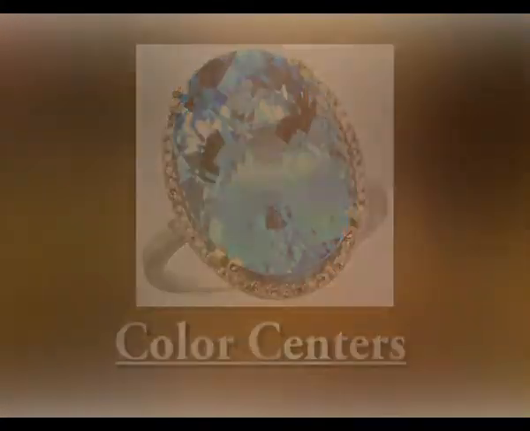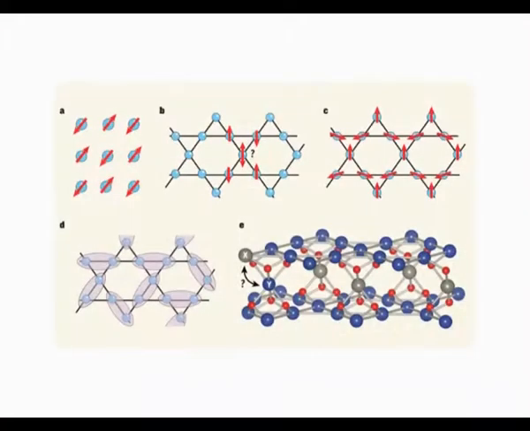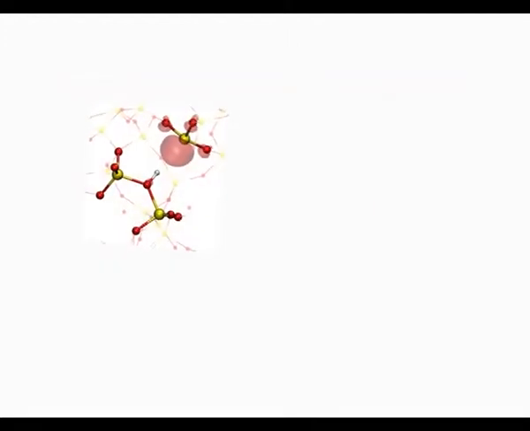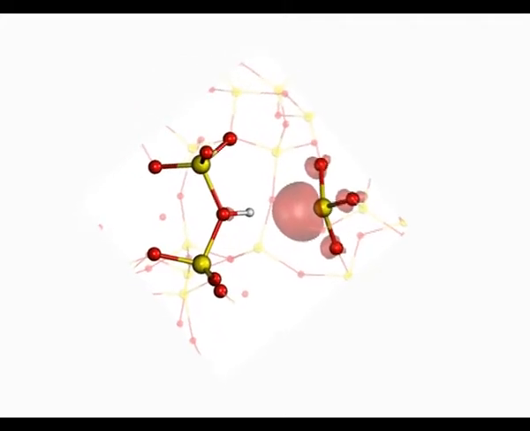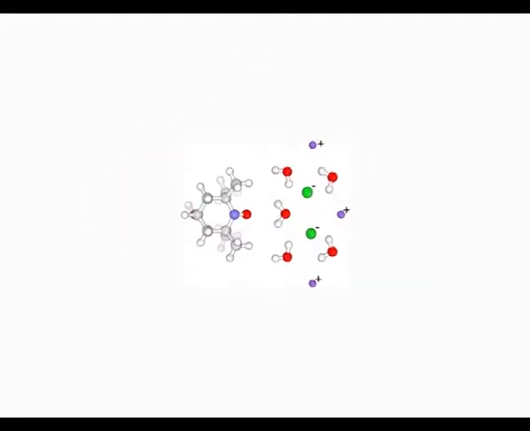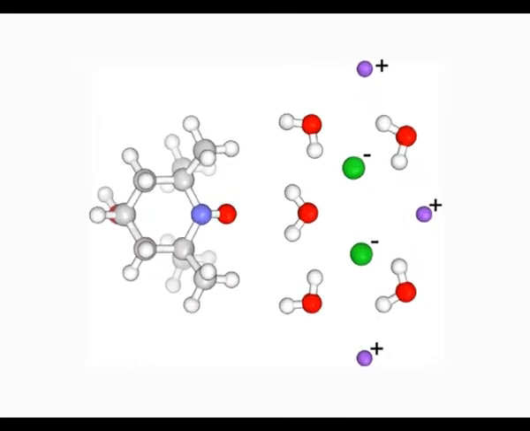Color centers. Unpaired electrons on non-transition metal ions may also produce colors in certain circumstances. This can happen either due to misplacement of an ion, that is, an unpaired electron taking its vacancy, or due to the displacement of an electron by natural or artificial radiation.